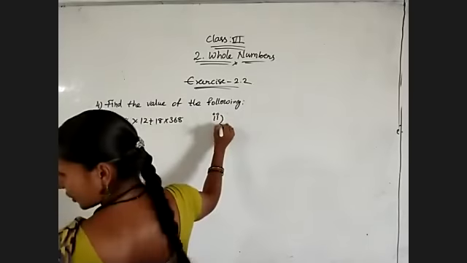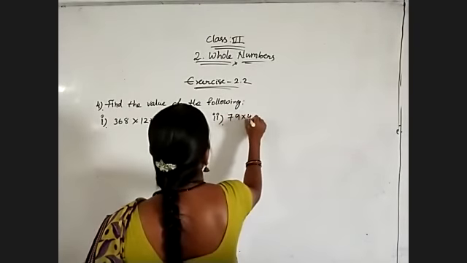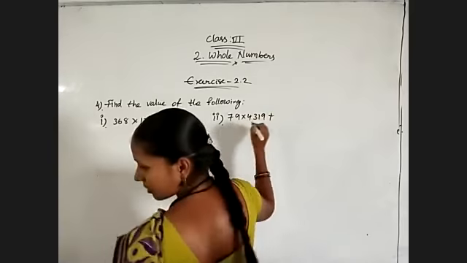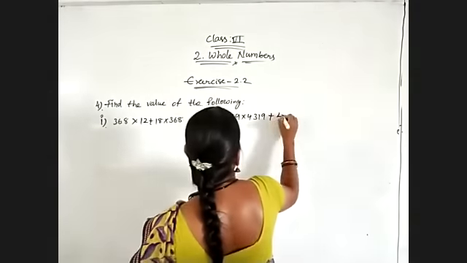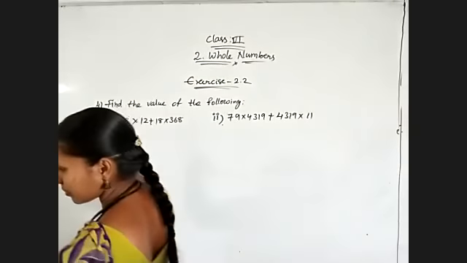And my second question is 79 into 4319 plus 4319 into 11.